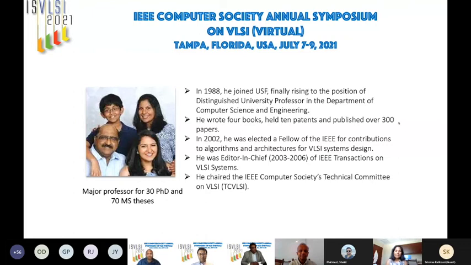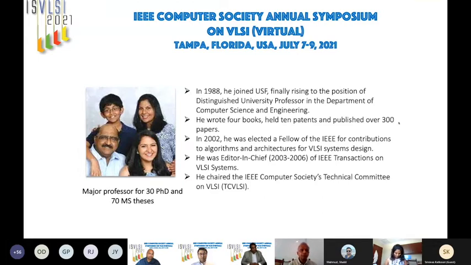He graduated from UCF, and in fact, Amar Mukherjee was his PhD advisor. Both the advisor and student started this, and they have been the driving force behind this symposium. Ranga has done phenomenally well at USF. He was one of the biggest stars at USF. He rose to distinguished university professor position very quickly.